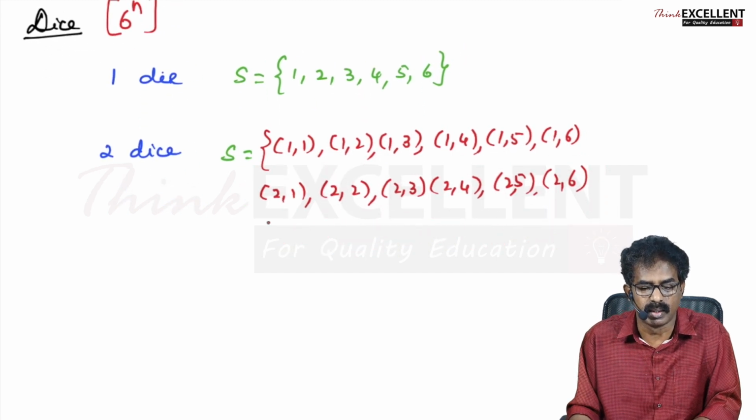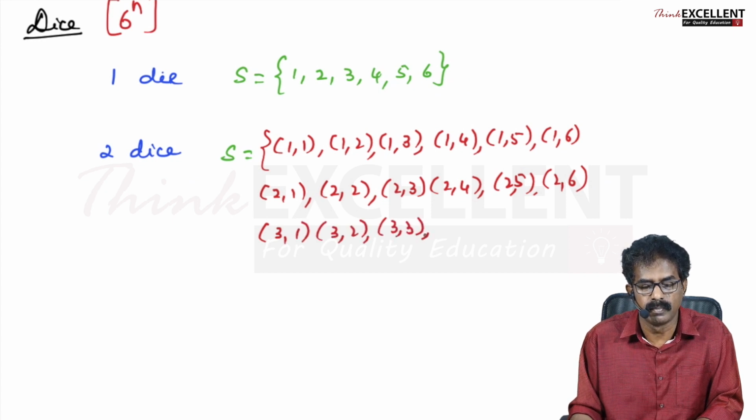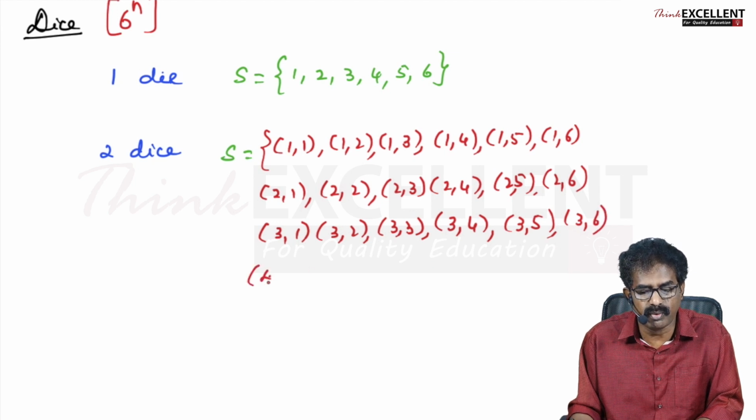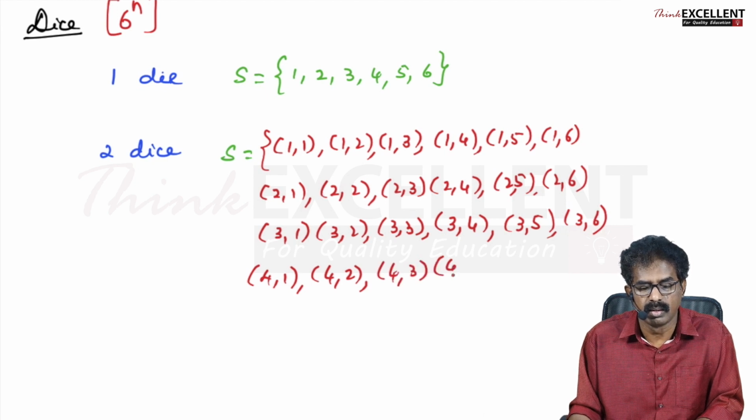Then what is the next one? 3, right? (3,1), (3,2), (3,3), (3,4), (3,5), (3,6). Then starting with 4: (4,1), (4,2), (4,3), (4,4), (4,5), (4,6).